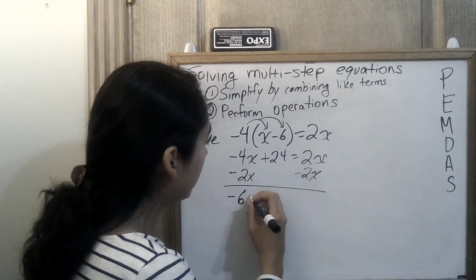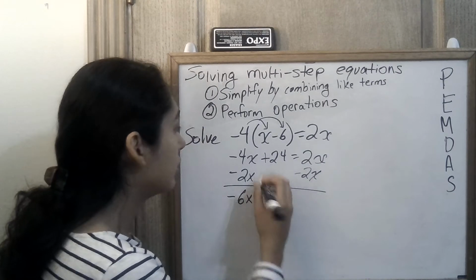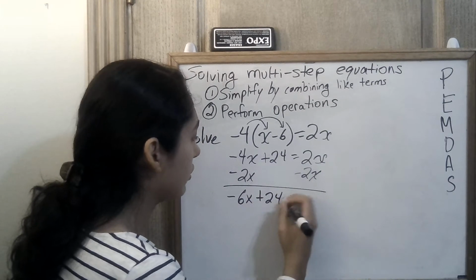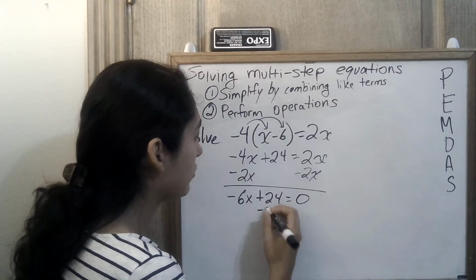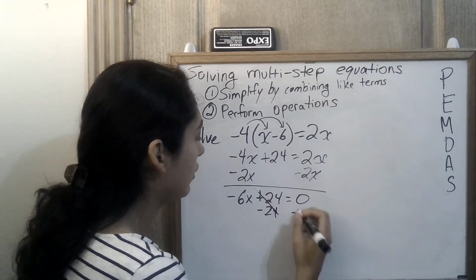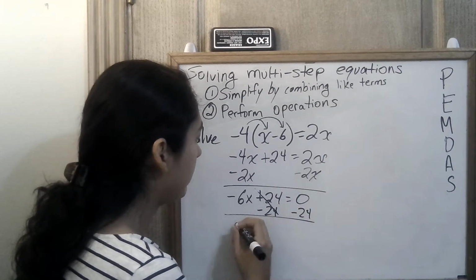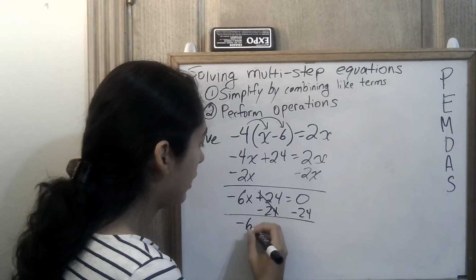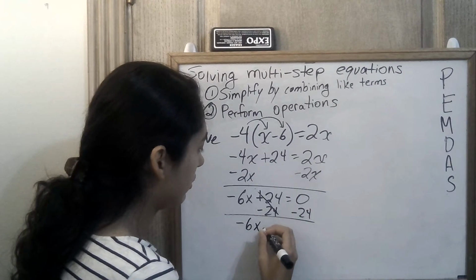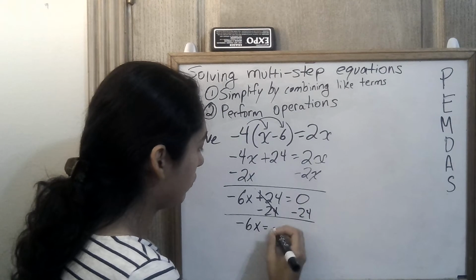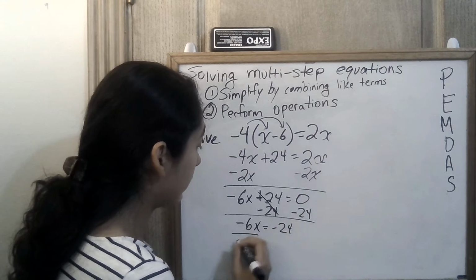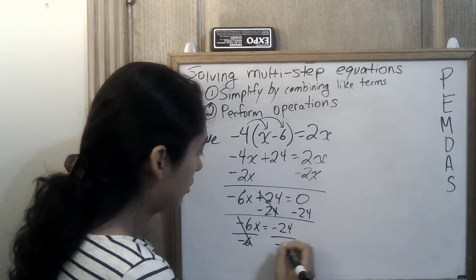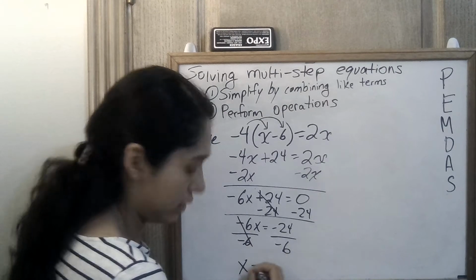Here I end up with negative 6x plus 24 is equal to 0. Then I can subtract that 24 over here. I'm left with negative 6x is equal to negative 24. I can then divide by negative 6 on both sides, and x is equal to 8.